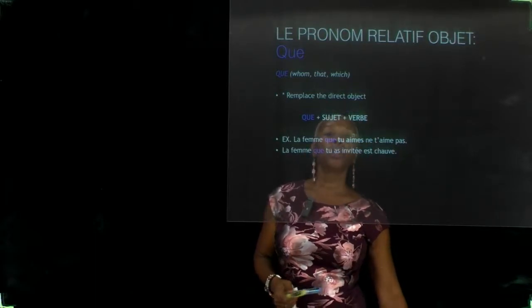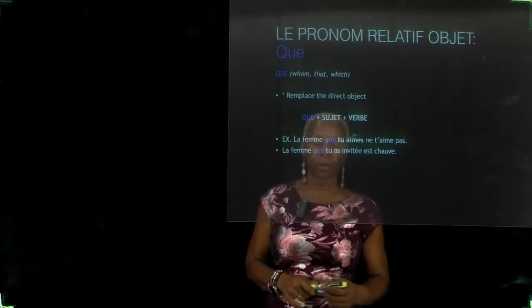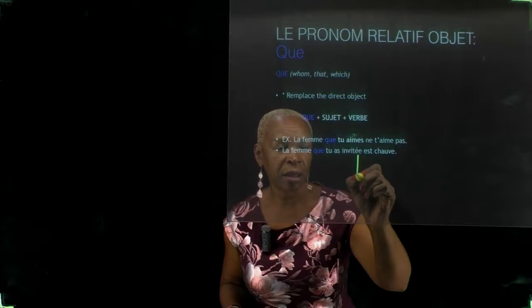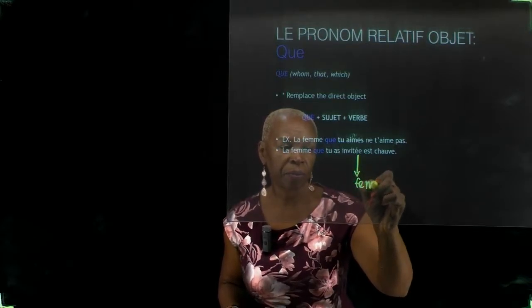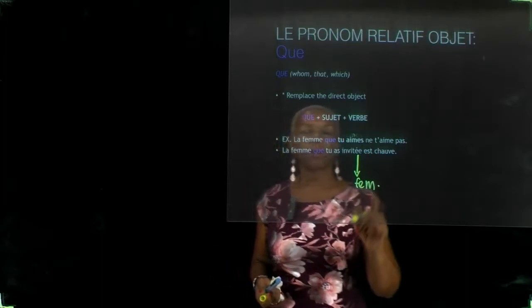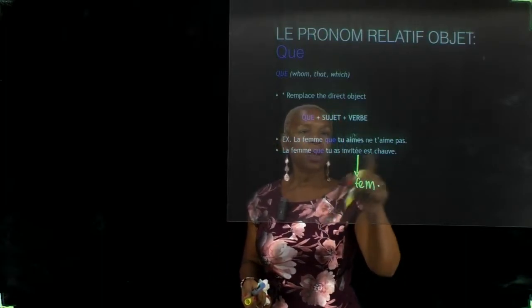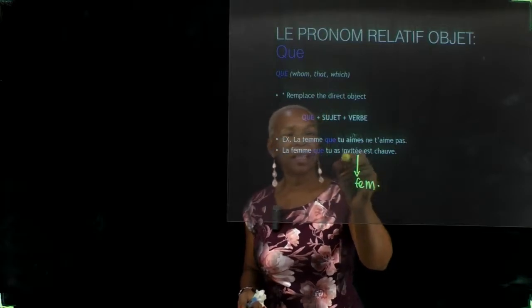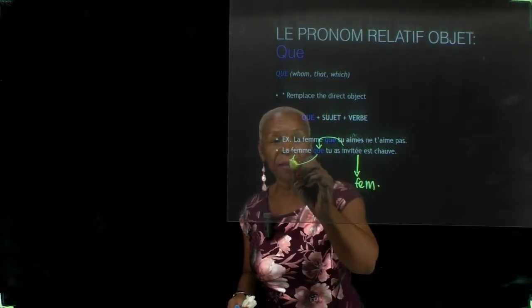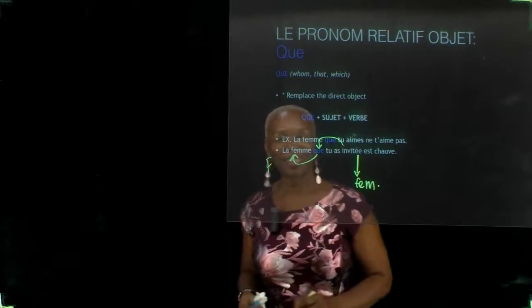Okay, la femme que tu as invitée est chauve. I want to draw your attention on this past participle that is feminine here. Why is it feminine? So ask yourself, you invited whom? You invited que. Because que stands for la femme, which is feminine, right?